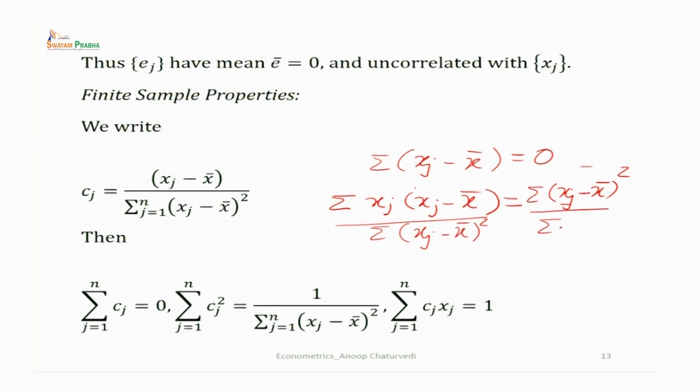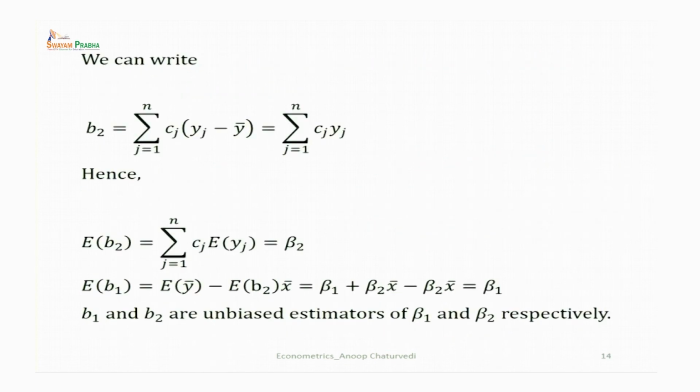So finally, summation C j x j is equal to 1. Now, you can write b 2 equal to summation over j of C j (y j minus y bar). This is equal to summation C j y j, and the second term is y bar summation C j, and summation C j is equal to 0, which we have already shown.